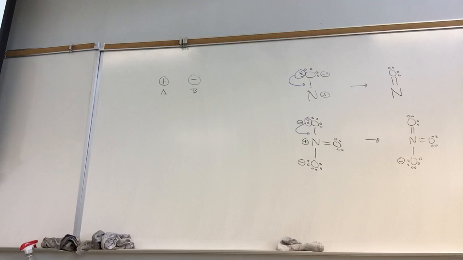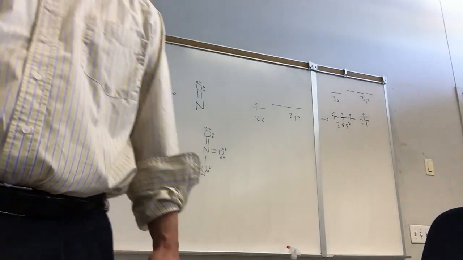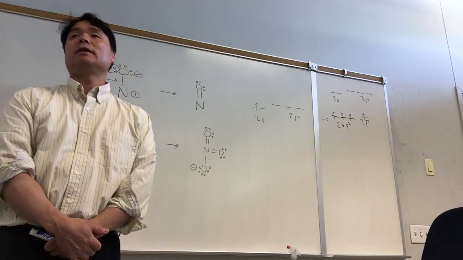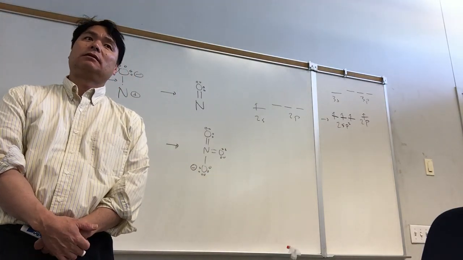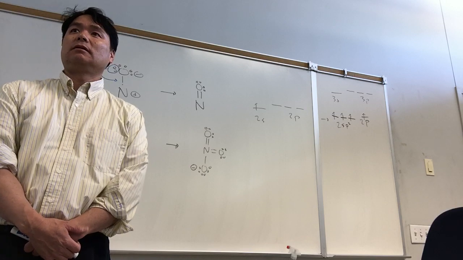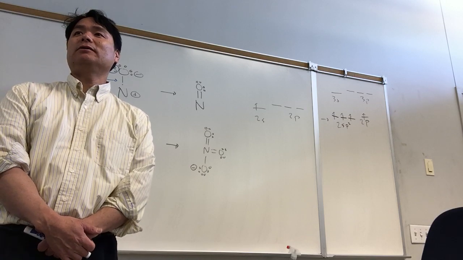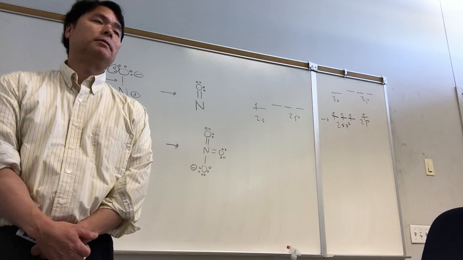Well, we have to form two double bonds, and each double bond consists of a sigma and a pi. What are the two pi bond configurations we talked about? There's the PP pi bond, or there's the PD pi bond.